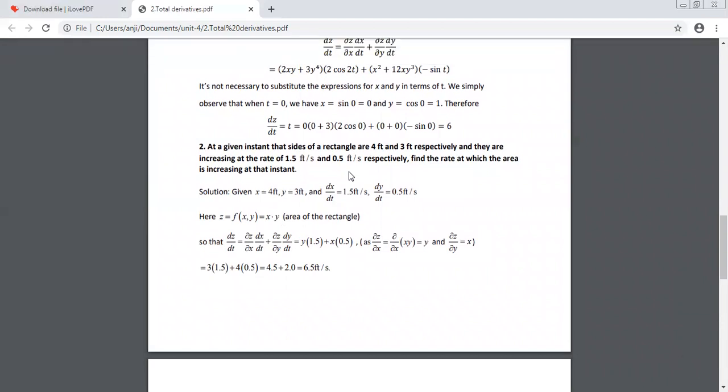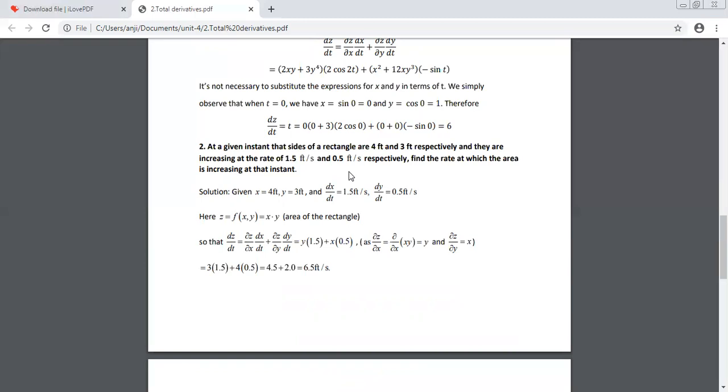Second problem: at a given instant the sides of a rectangle are 4 feet and 3 feet respectively, and they are increasing at the rate of 1.5 feet per second and 0.5 feet per second respectively. Find the rate at which the area is increasing at that instant.